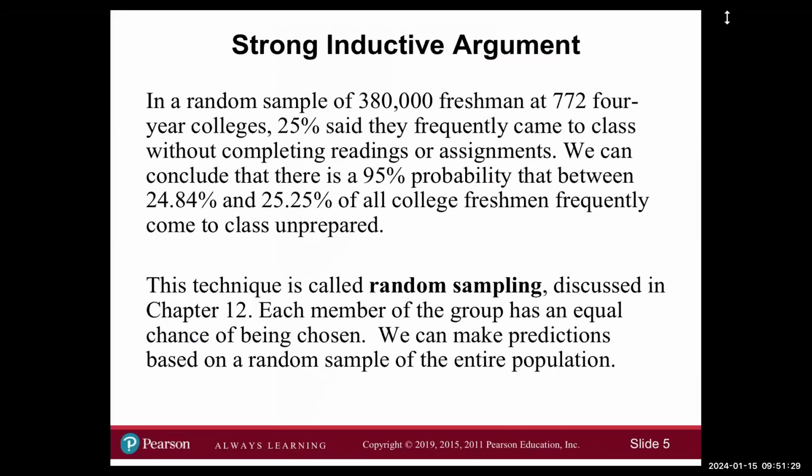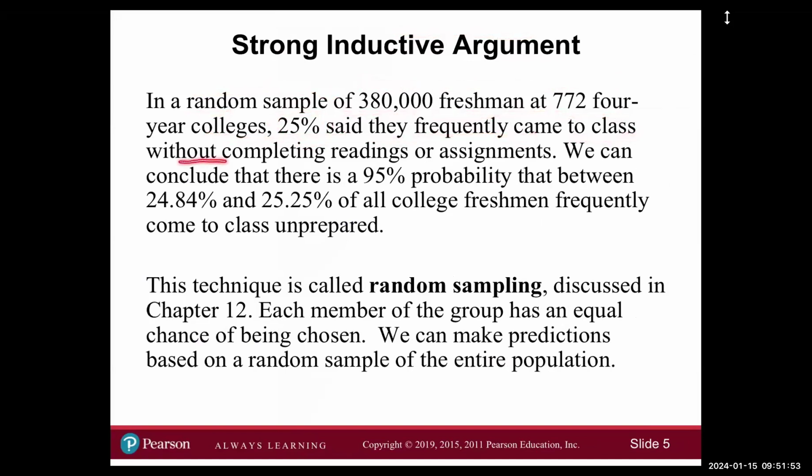Here is a strong inductive argument. In a random sample of 380,000 freshmen at 772 four-year colleges, 25% said they frequently came to class without completing the reading or assignment.